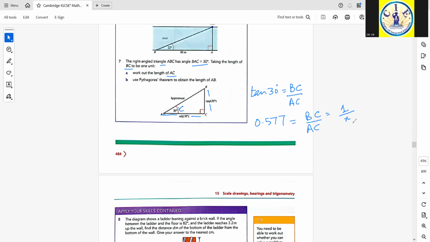That is X. So we can calculate it as 1 equals to X times 0.577, and X will be equal to 1 divided by 0.577. That will give us 1.73.